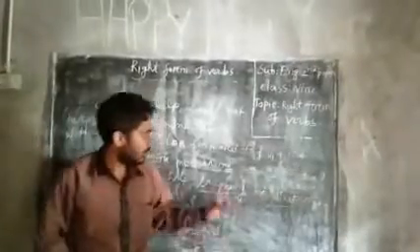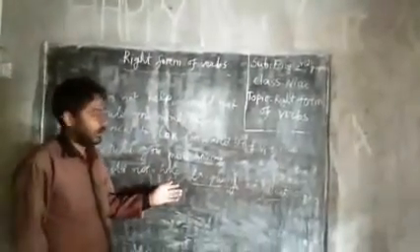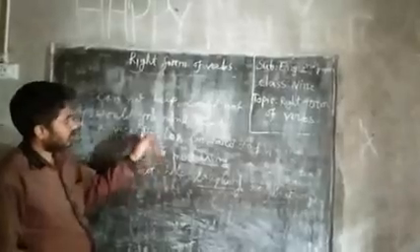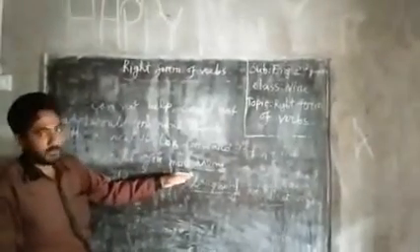Okay, dear students, in this way, you have to use ing form with the main verb. Cannot help, could not help, would you mind, with a view to, look forward to.